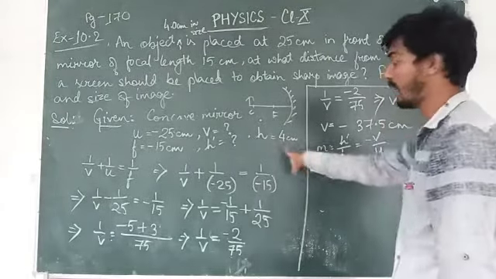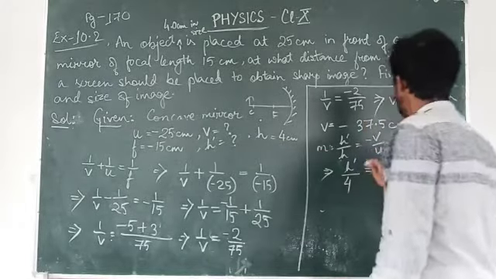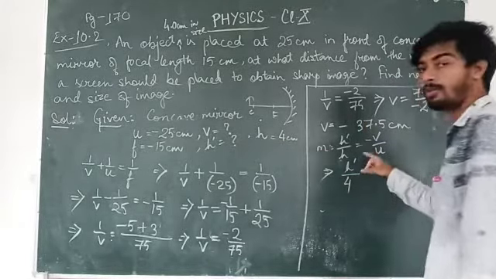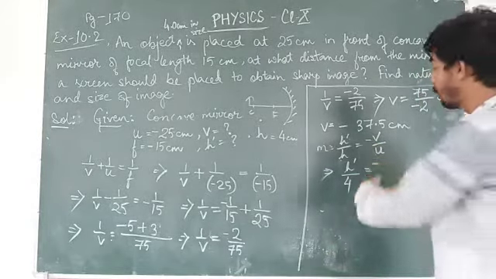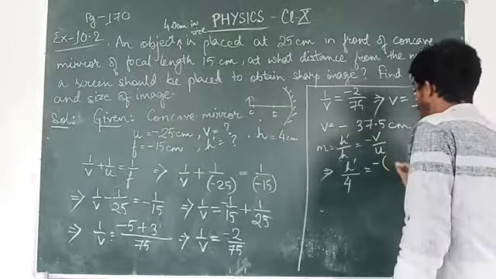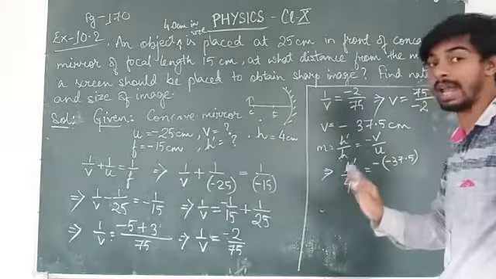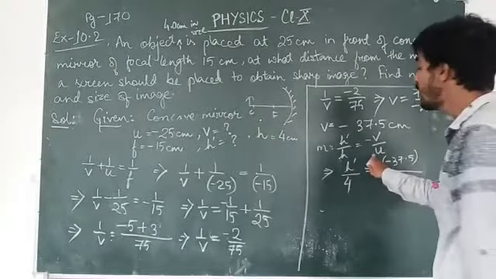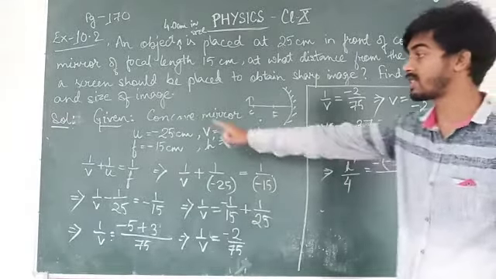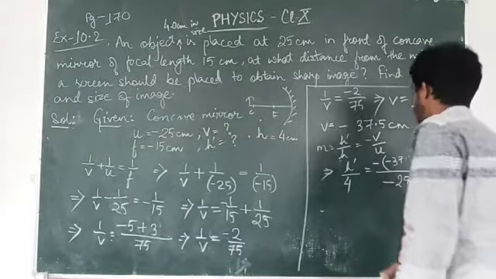We have the value of h, which is 4 centimeter, equal to minus, again we have the value of v, minus 37.5, within brackets. Then we know the value of u, which is minus 25 centimeters. So it will be minus 25.